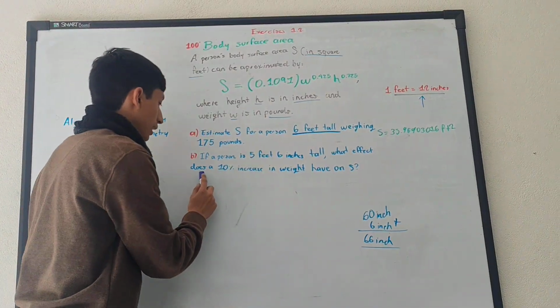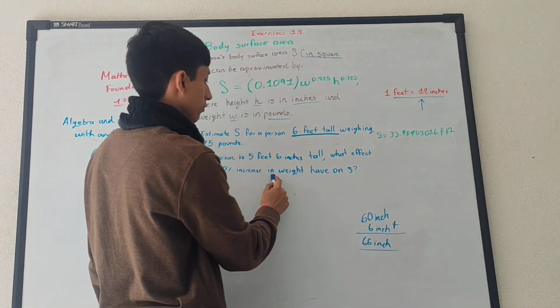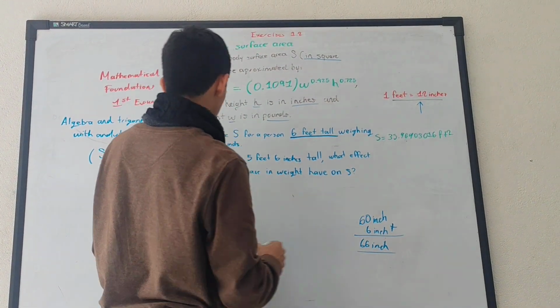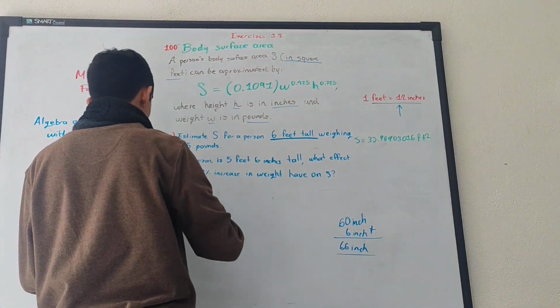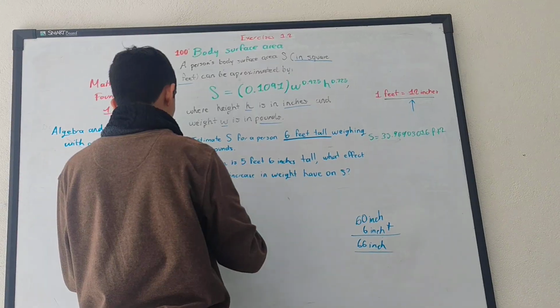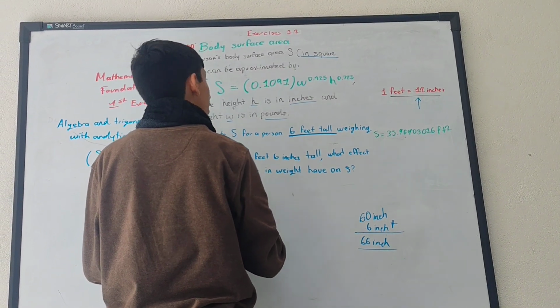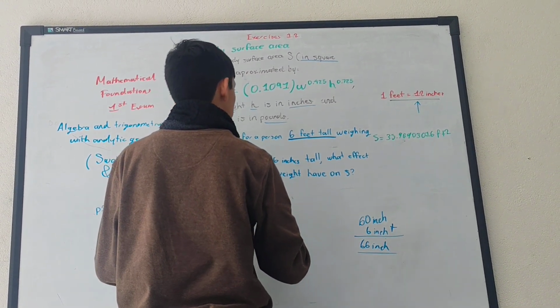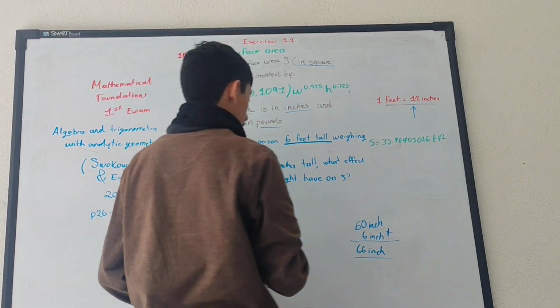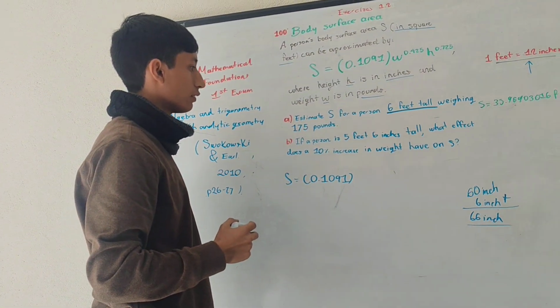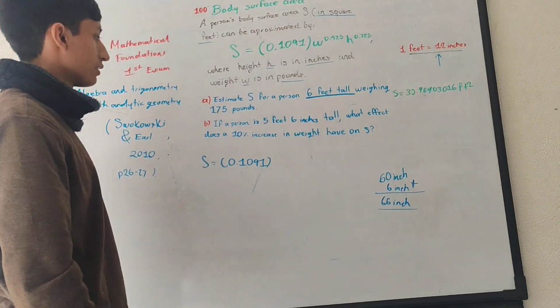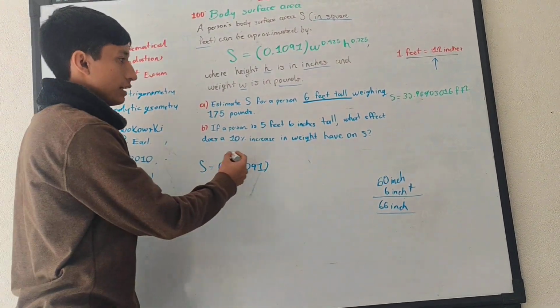What effect does a 10% increase in height have on S? So we are going to make this little procedure again. I'm going to write it pretty fast. 0.1091 times W. Well, here the problem does not give us any specific weight for this.